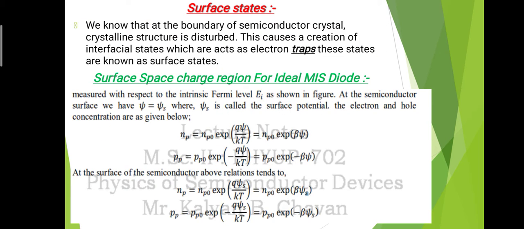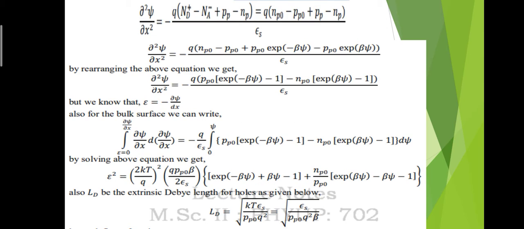After substituting the values of Np and Pp, we get this equation. Now collect the terms of Pp0 and Np0. So d2 psi by dx square is equal to minus q times (Pp0 (exponential minus beta psi minus 1) minus Np0 (exponential beta psi minus 1)) divided by epsilon s. So this is d2 psi by dx square when we substitute the values of Np0, Pp and Np. Again we know that the electric field is the negative gradient of the potential.